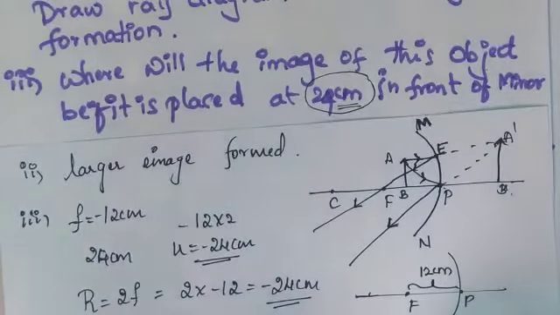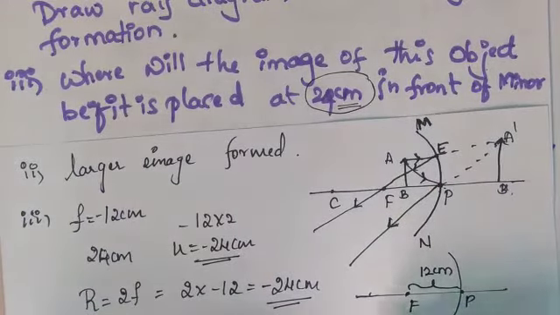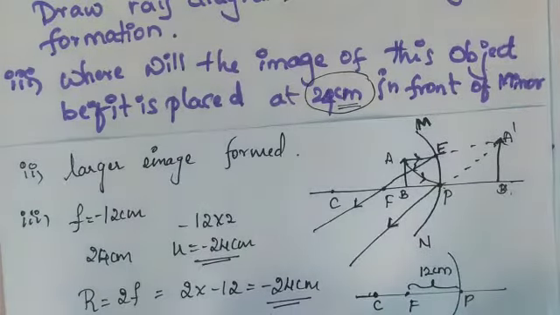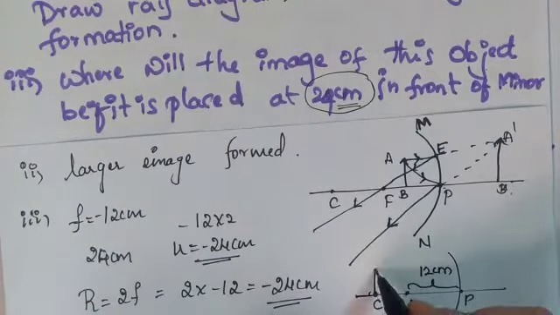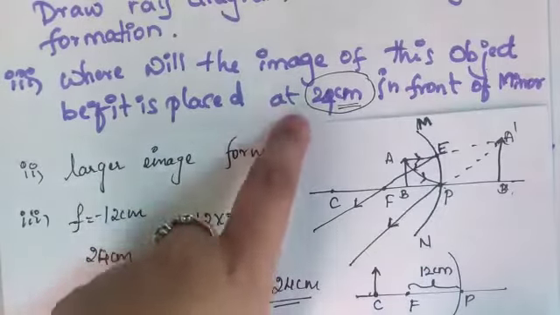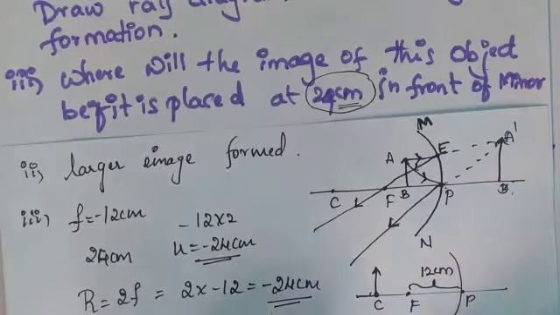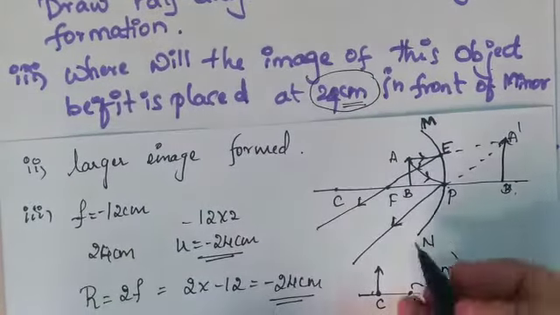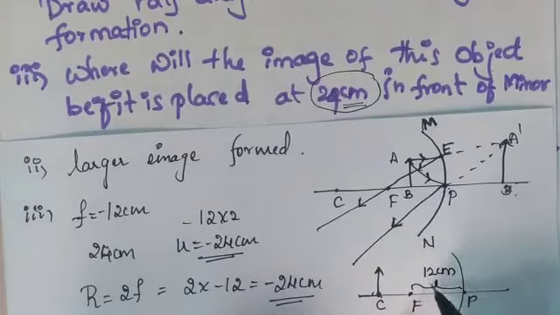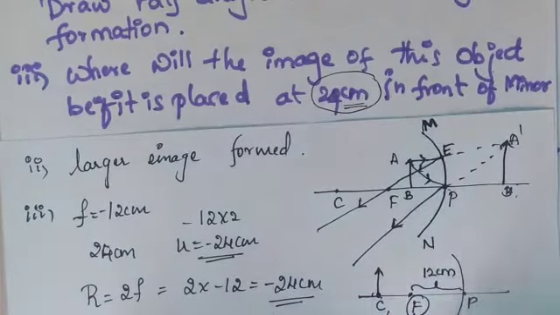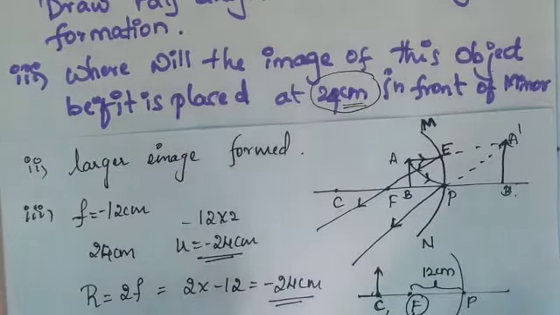Now radius of curvature is there, so where should the object be placed? Yes, the object should be placed at the center of curvature. So whenever they say the object is at 24 centimeter, the object is placed at the center of curvature. Double of 12 centimeter is 24 centimeter, and double of F is nothing but the center of curvature. So the answer for the third one is that it is at the center of curvature.